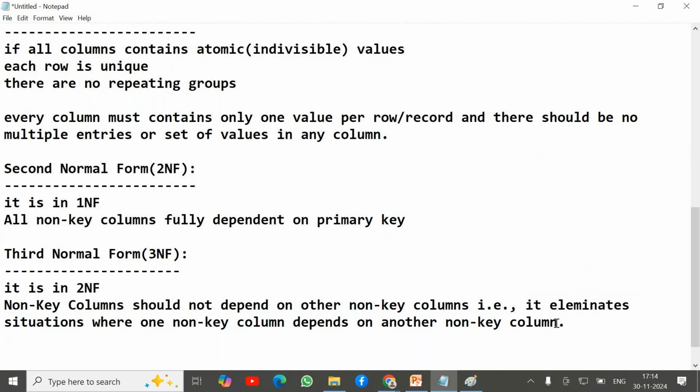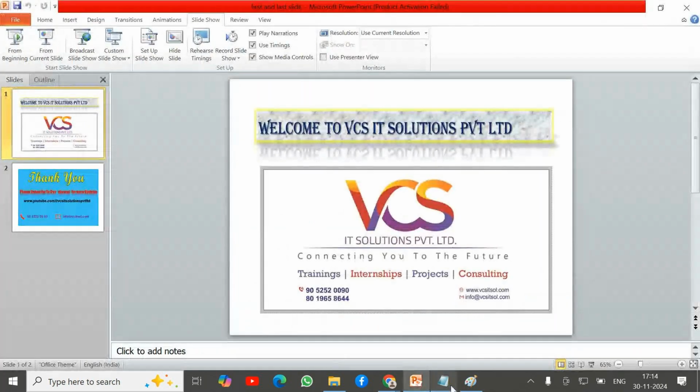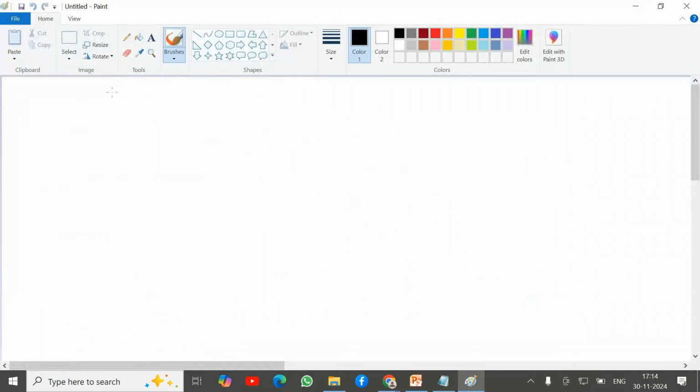Now observing very clearly here: student ID, student name, department, department head.